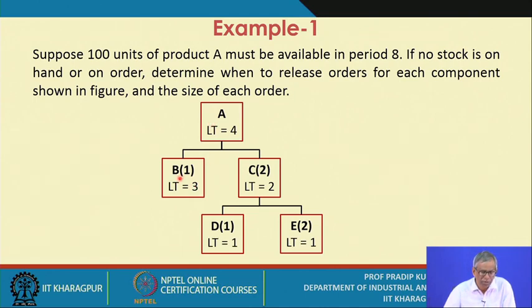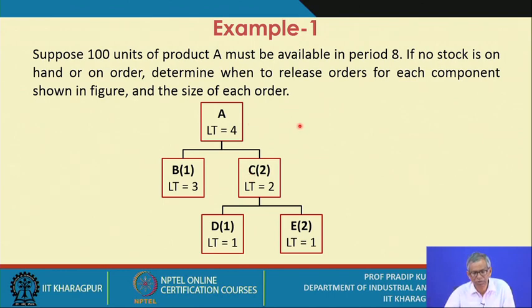You require item B and item C. To produce 1 unit of A, you need 1 unit of B and 2 units of C. Okay, so this is the first level.